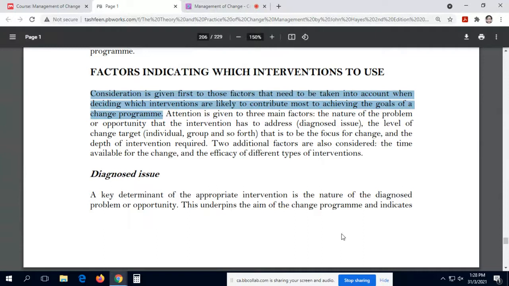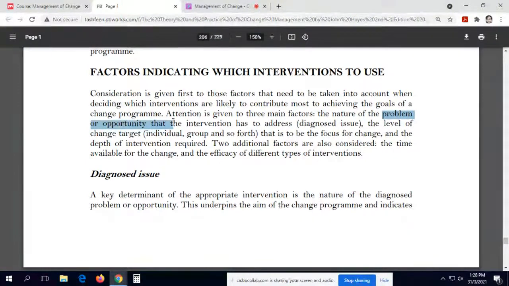Which interventions are likely to contribute most to achieving the goals of the change program? The nature of the problem or opportunity that the intervention has to address, you need to look at that.